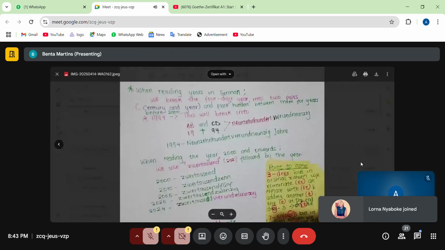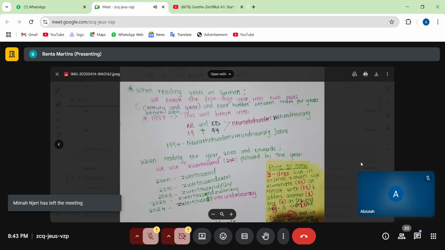19 is 19. And since we have 100 in between, you're going to say it as 1900. Okay? And then on this other side where we have the 94, that's where you apply the rule of beginning from the right side towards the left. So you're beginning from 4 towards 9.